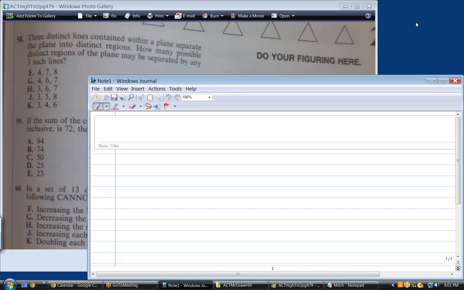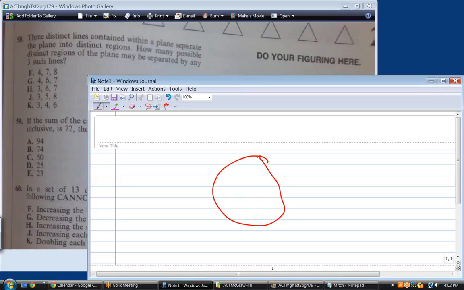All right, let's see. If we have some sort of a plane, it's not a solid, it's a plane, and three distinct lines contained within the plane, how many possible distinct regions of the plane may be separated by any such three lines?